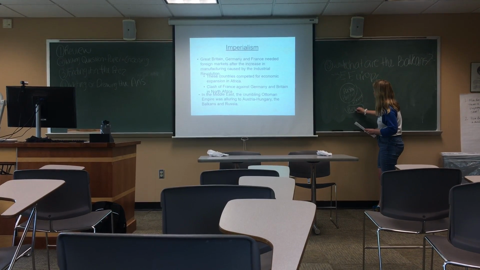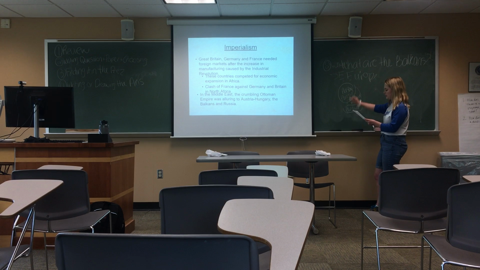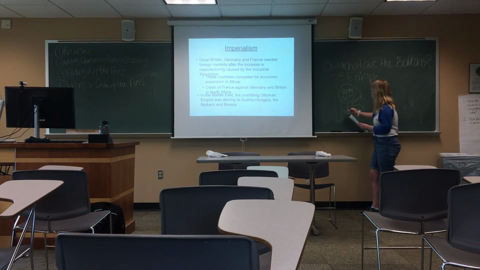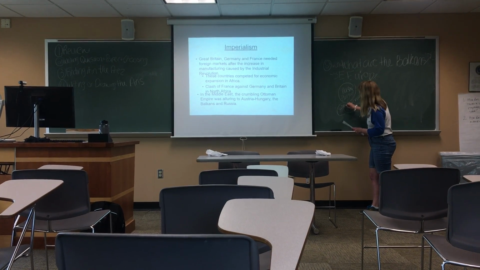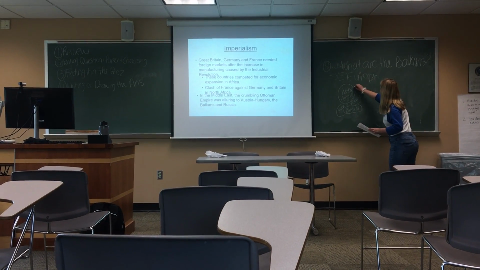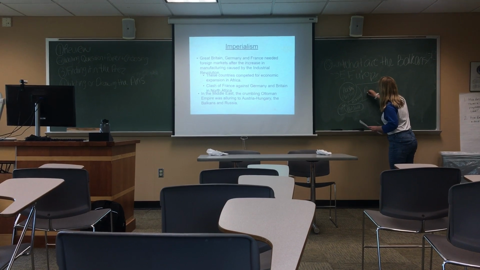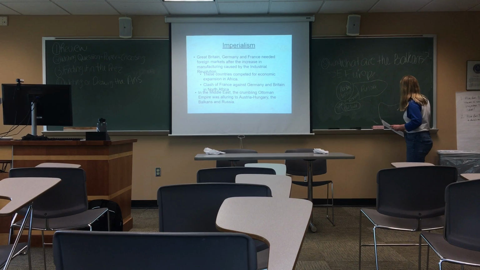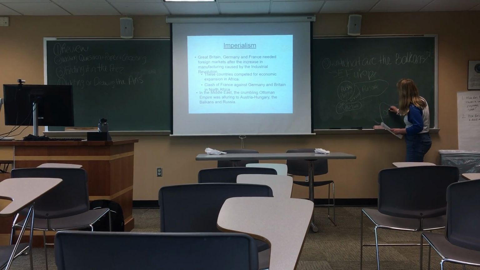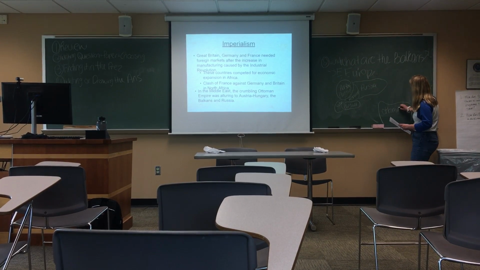So these are just a few countries just to let you know where it is in the map of Europe. And then we have Serbia. And then we have Russia, just right over here. And then what's the key part is that the Ottoman Empire is kind of close to here, but we're just going to put it separately over here.